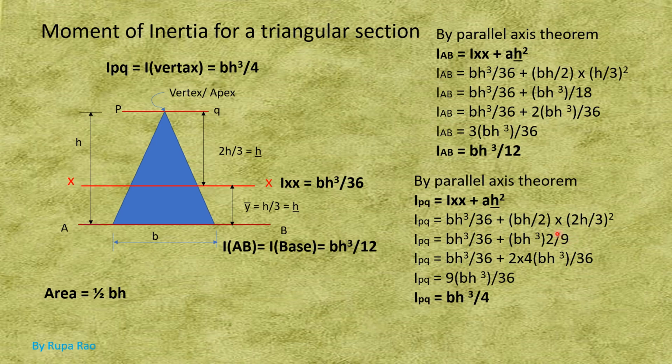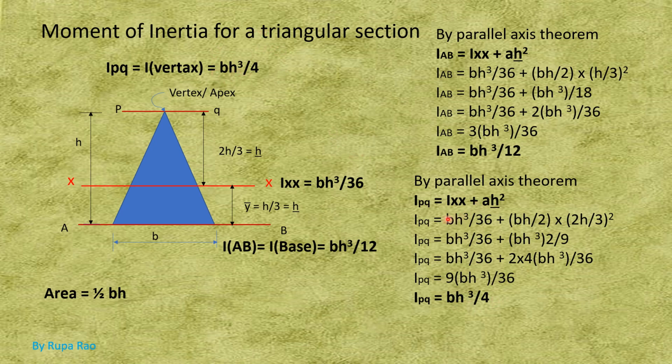Now I multiply and divide by 4, so 2 into 4 is 8 and 9 into 4 is 36. So this is 36 and this is also 36, with 8 plus 1. This will become 9 bh cube divided by 36. 9 divided by 36 will be 1 by 4. So I_PQ is equal to bh cube divided by 4. This is what I have written here.